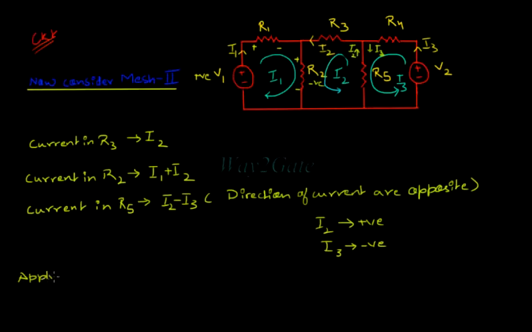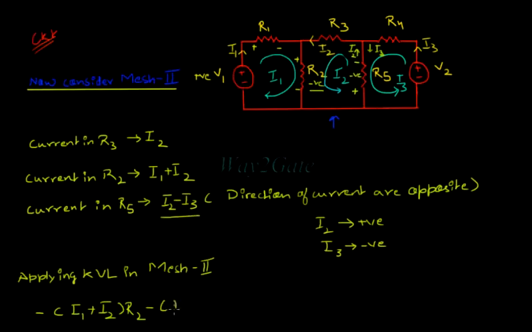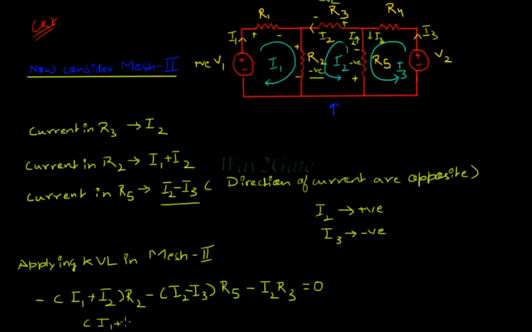On applying KVL in mesh 2, there will be voltage drops in R2, R5, and R3. Therefore, the KVL equation for mesh 2 comes out in terms of I1, I2 and I3.